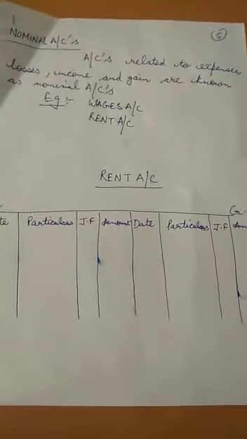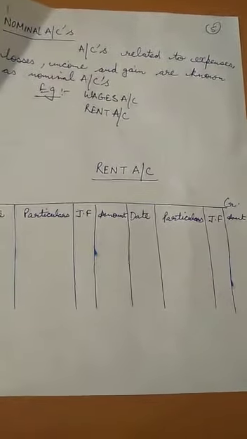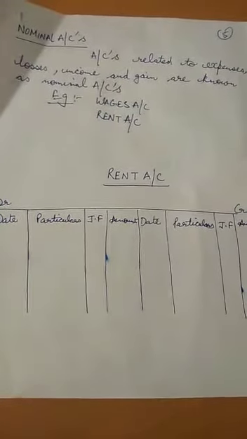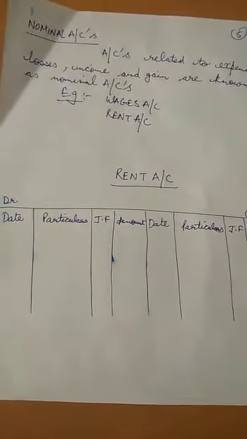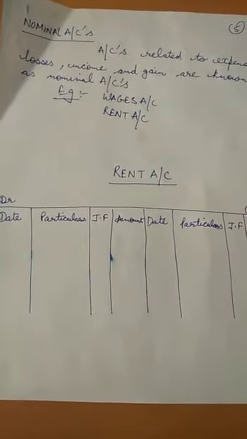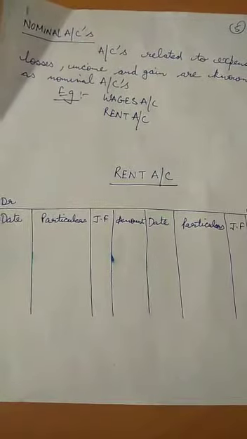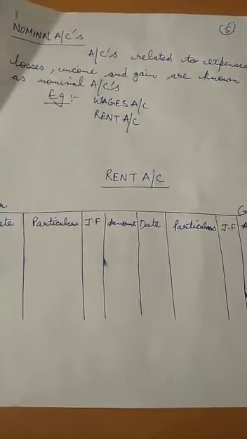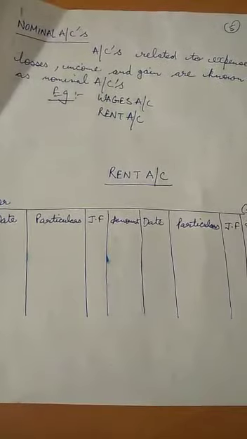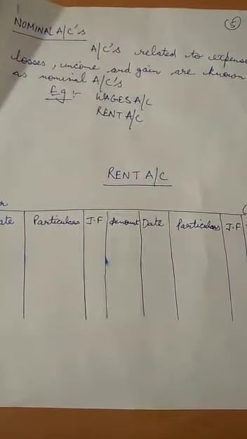Now let us talk about the different columns which are mentioned here, that is date, particulars, JF, amount. When we talk about date, children, the date entered in this column is the date on which the transaction has taken place. Say the transaction has taken place on 1st of July, 2nd of July, so they would all be recorded in a chronological order.